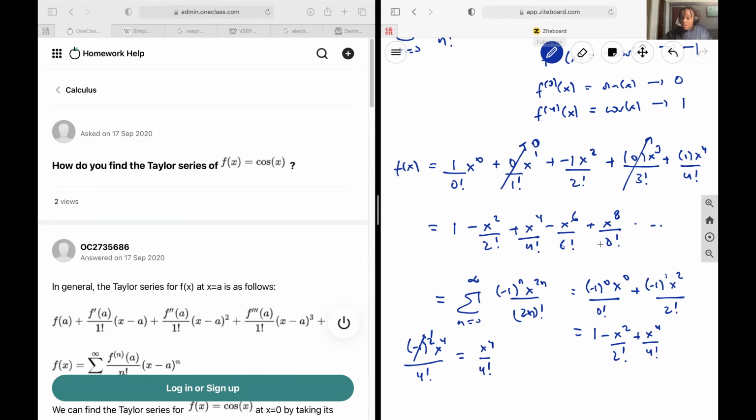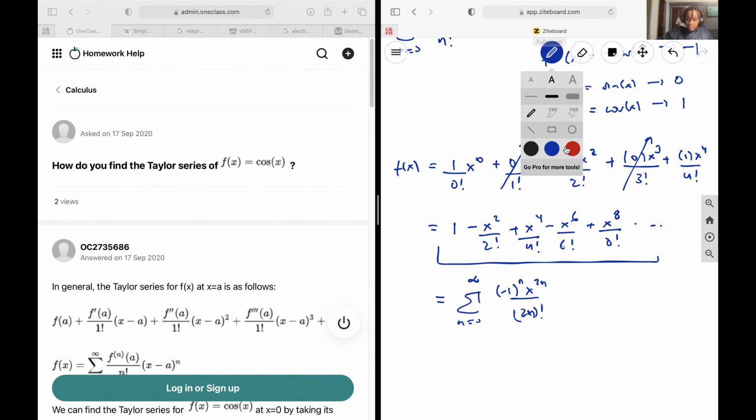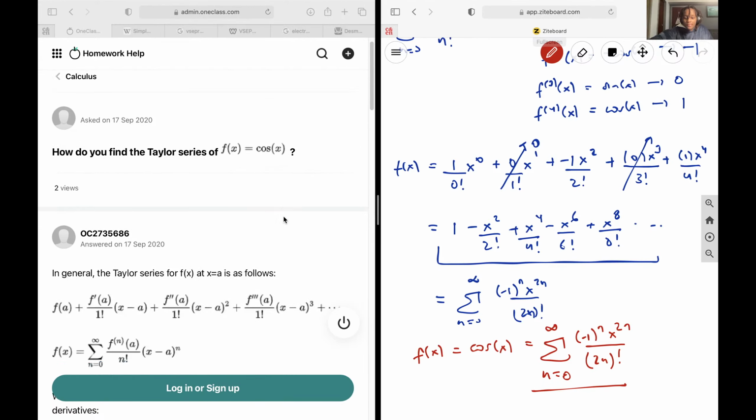If you continue testing your terms, you'll see that this is the pattern that develops, and so this Taylor series representation is correct. This is going to be your final answer. f of x, which is cos x, can be represented by the Taylor series from n equals 0 to infinity of negative 1 to the power of n, x to the power of 2n over 2n factorial. And that's going to be your final answer.